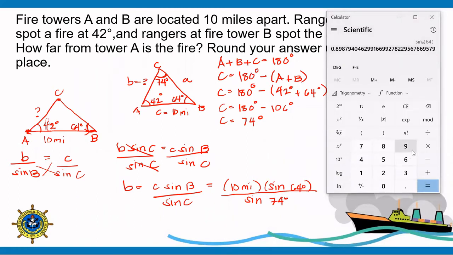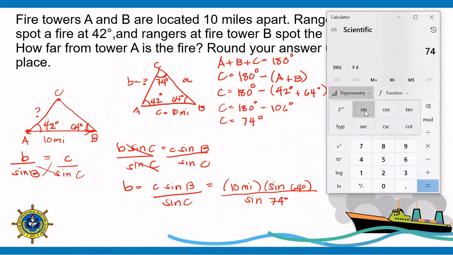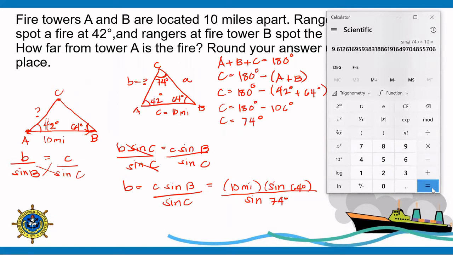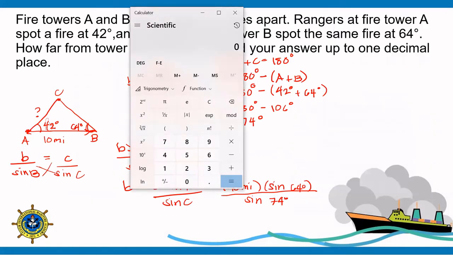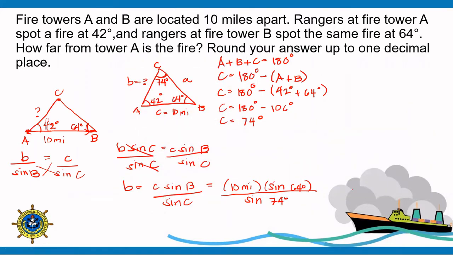Then you go to sine, then times 10, press equals, then you have 74, then press nyo yung sine. Okay, so there you go. So you have 9.6 miles. Okay, so if we're going to round this off, so round off natin to 9.6. So this is now 9.6 miles.